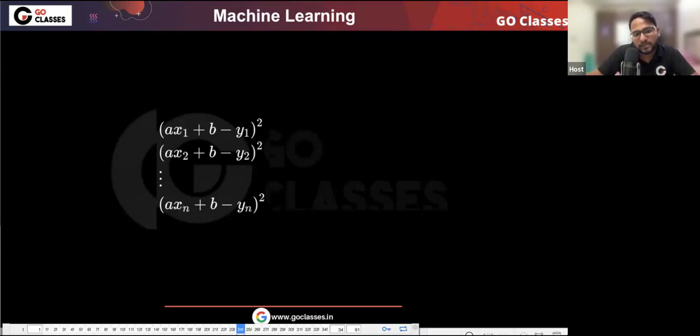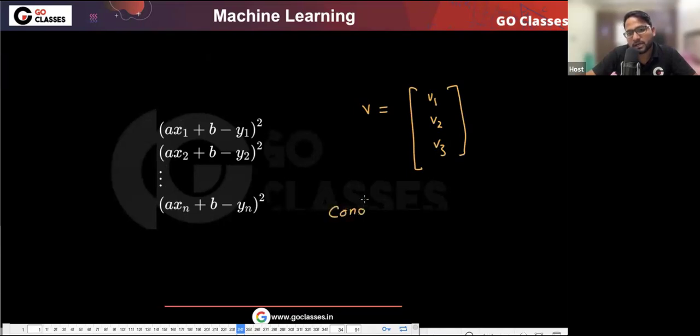Now just imagine like this. Let's suppose you have some vector v, which is v1, v2, v3. And just consider some scalar, which is v1 square plus v2 square plus v3 square, right?